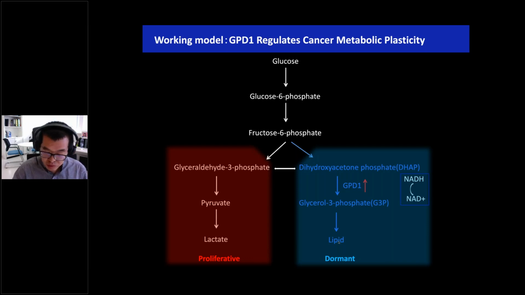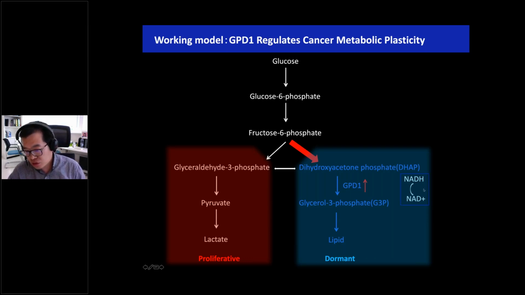GBD1 is upregulated in a subpopulation of tumor cells, and this may divert the energy flow toward lipid or glycerol metabolism.